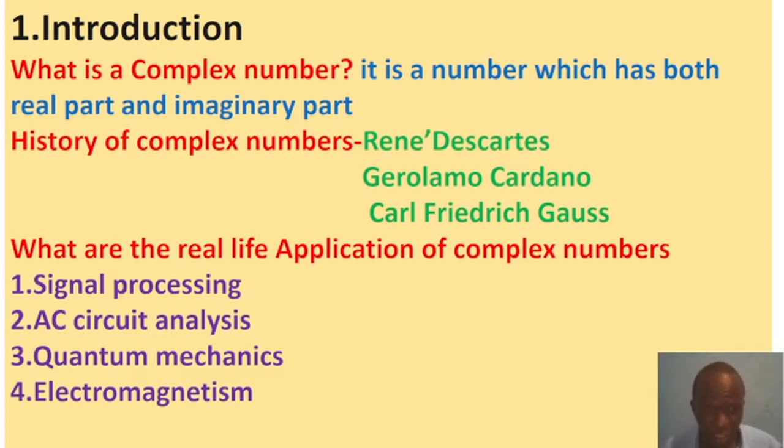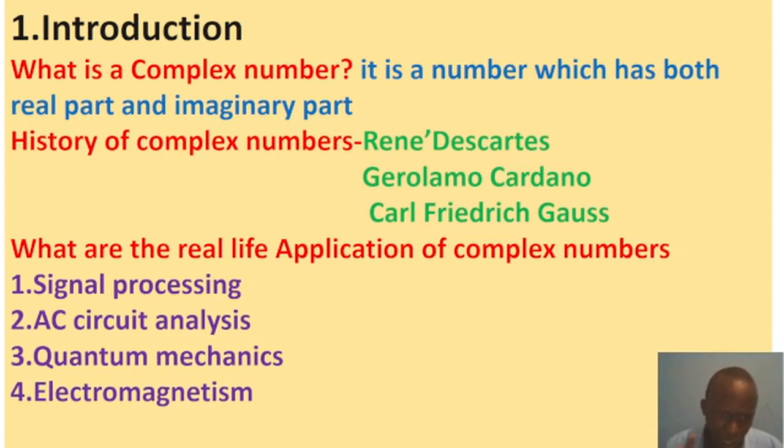Let us look at the last application of complex numbers in real life: electromagnetism. Electromagnetism is a field formed by the interrelationship between magnetic and electric fields at right angles. Now, the electric field is normally a real field, and the magnetic field is an imaginary field.